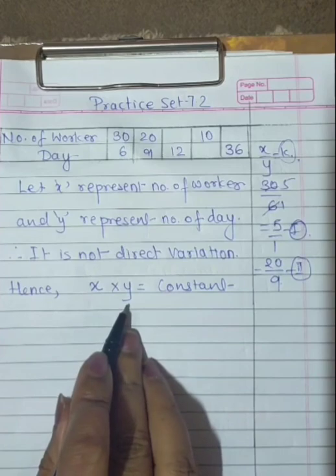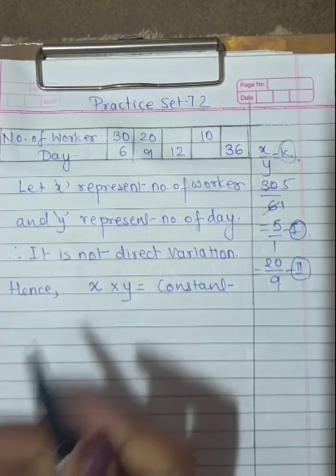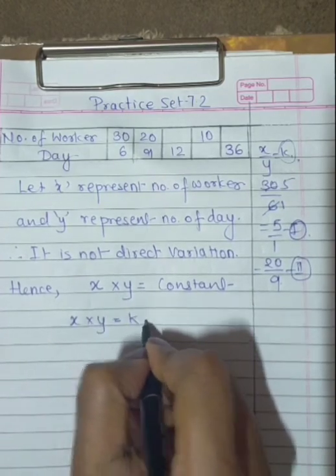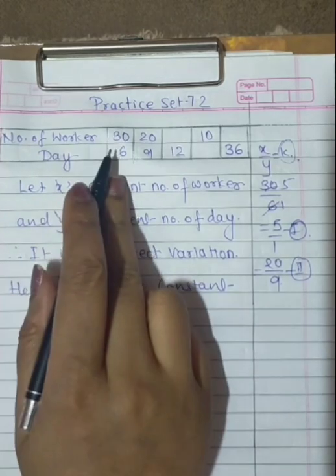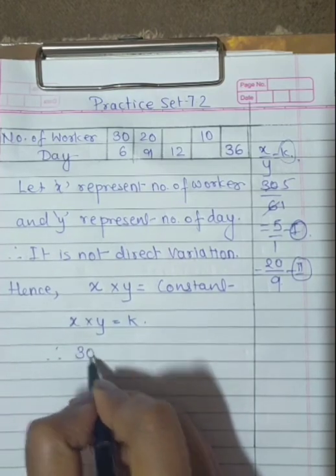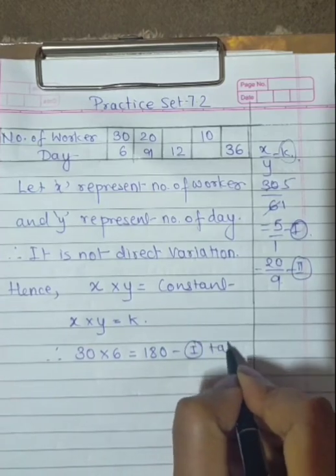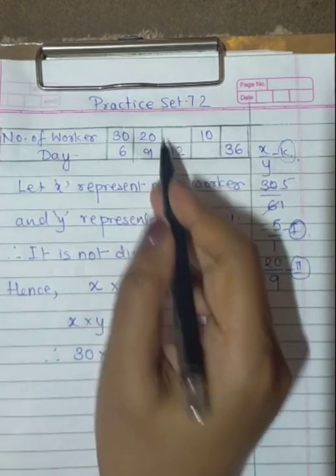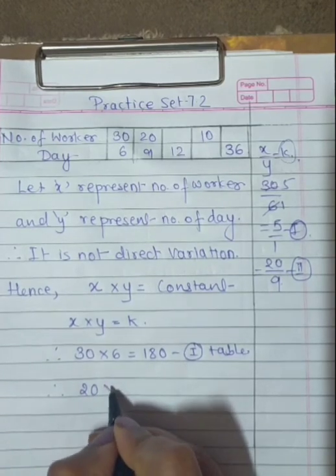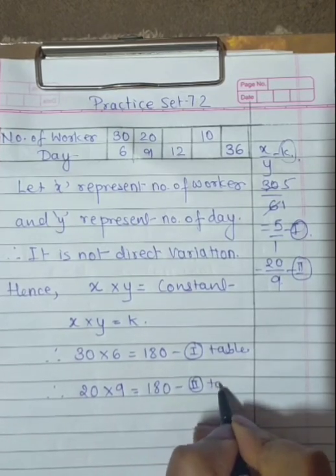This is an inverse variation, so I am writing X into Y equal to K. First we will solve these two. The number of workers times days is 180 in the first column, and in the second column, 20 workers and 9 days, we again got 180.